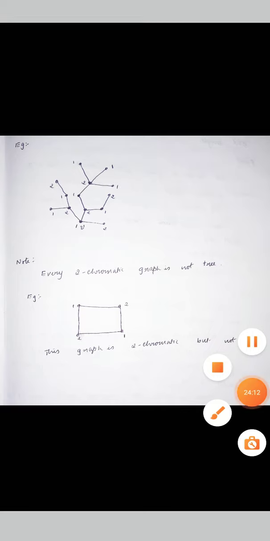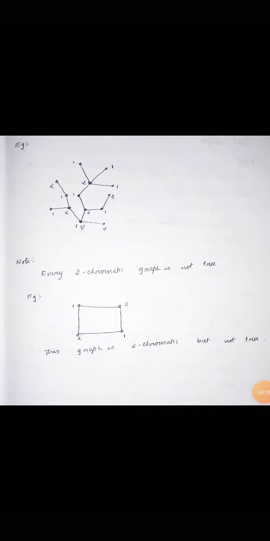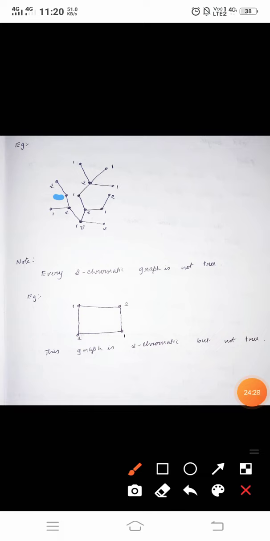We colored till here. Next, which are adjacent to the vertices which are colored with 1, right? That you have to paint with color 2. See, this is the vertex with color 1. The adjacent vertex to this is 2. We have to color that with color 2.